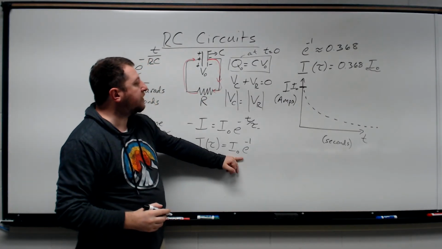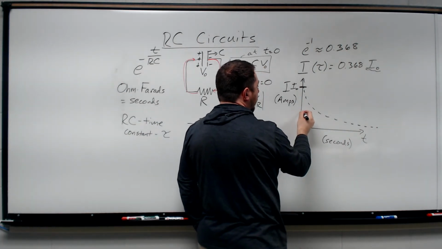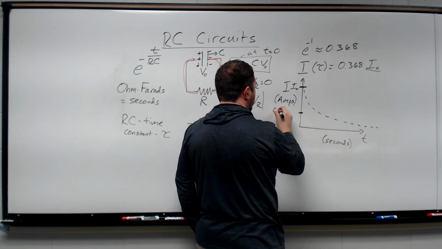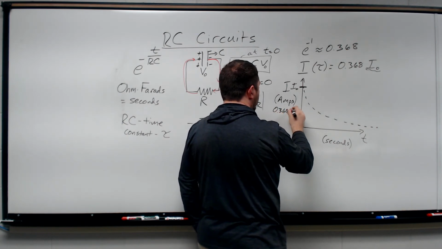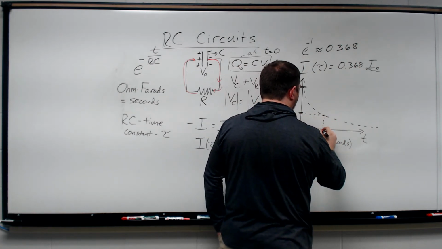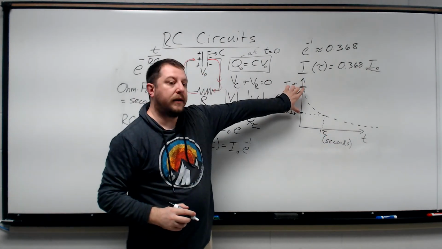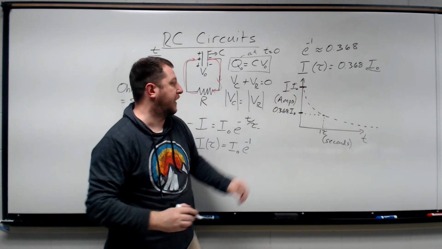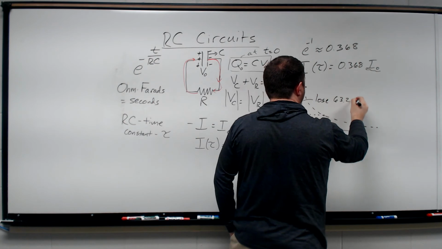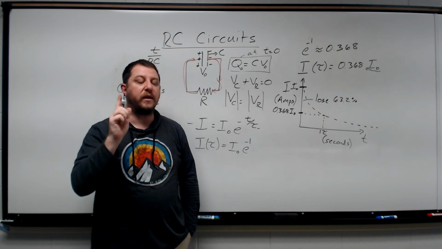And so after one time constant, I will only have 0.368 of my original material left, somewhere around right in here. So that would be one time constant. Okay? I lose 63.2% in one time constant.